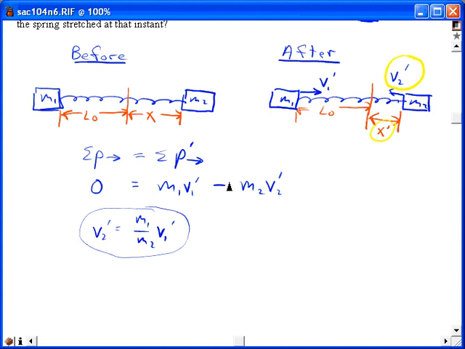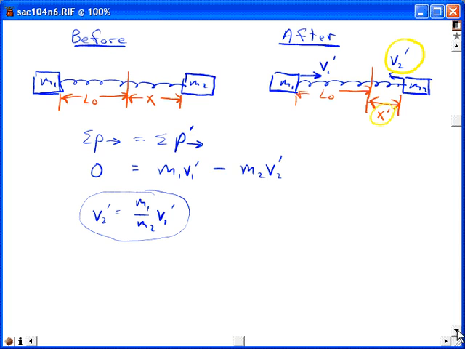Now, v2 prime is known in terms of all this stuff, so x prime is the only thing that's unknown, and I should be able to get that using conservation of energy. Let's try that. We'll go E is equal to E prime, meaning the energy in the before picture is equal to the energy in the after picture. I'm using primes for after, unprimed before.